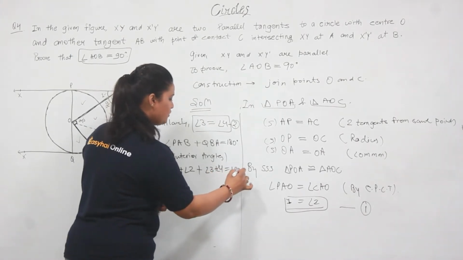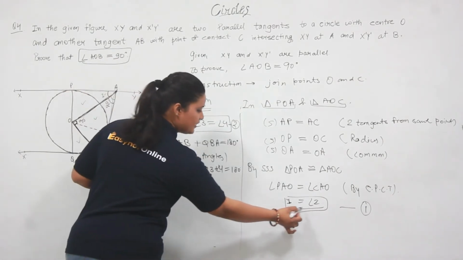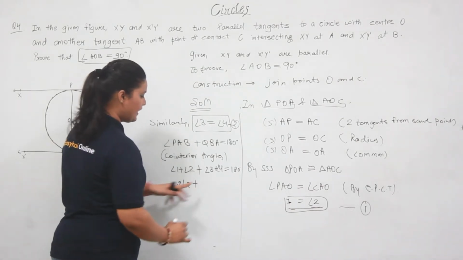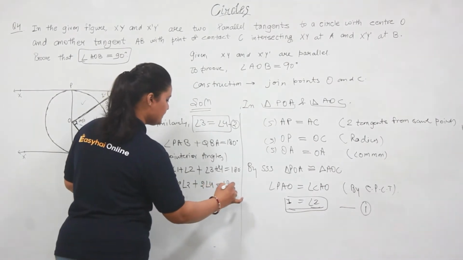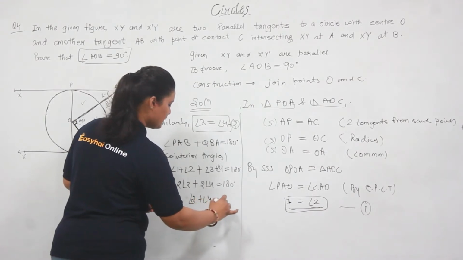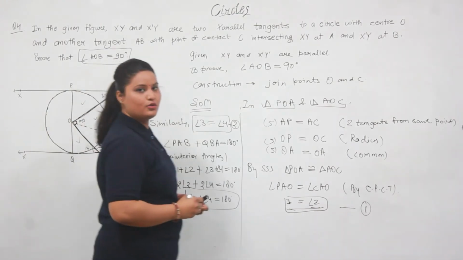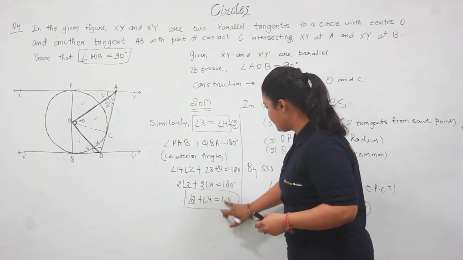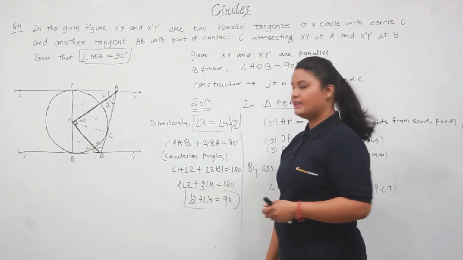It means it will be equal to 180 degrees, and we have just proved that angle 1 is equal to angle 2, so I can write 2 angle 2, and here I can write 2 angle 4, equals 180 degrees, meaning angle 2 plus angle 4 is 180 by 2. So it will be 90 degrees.